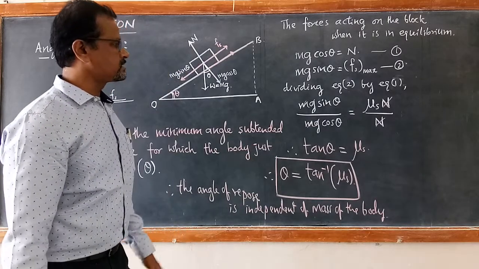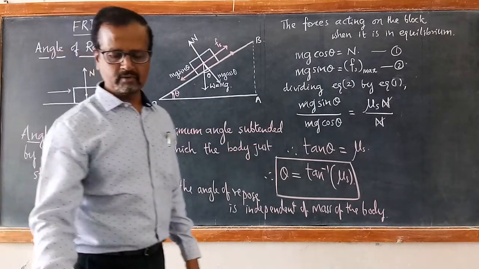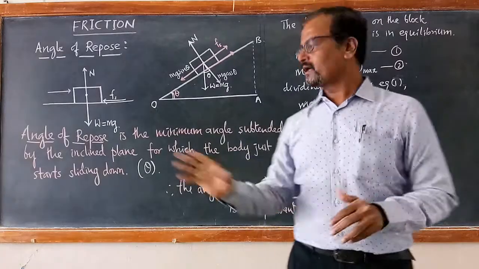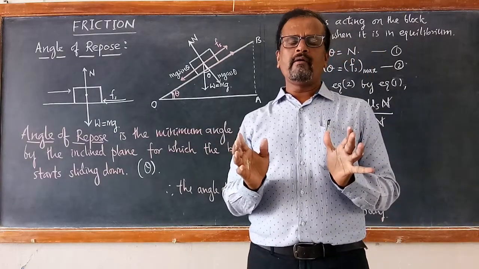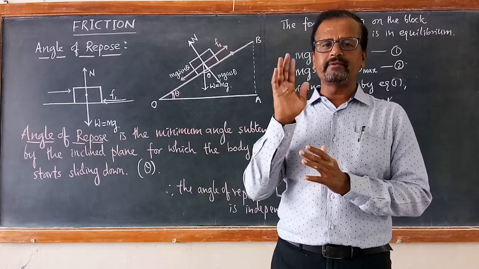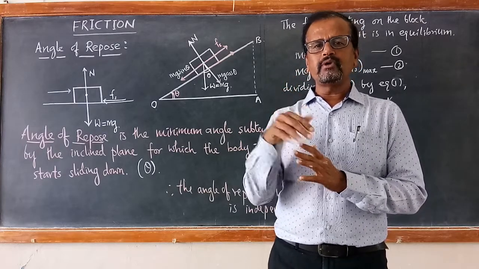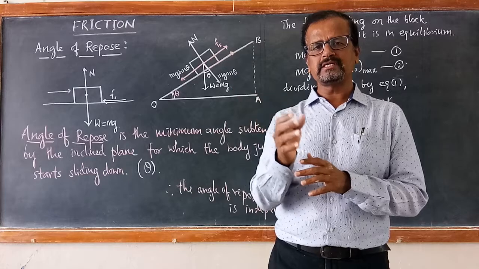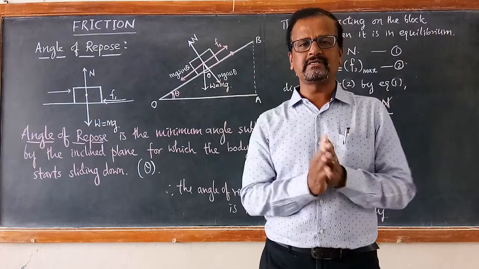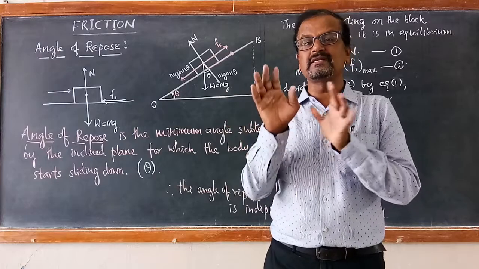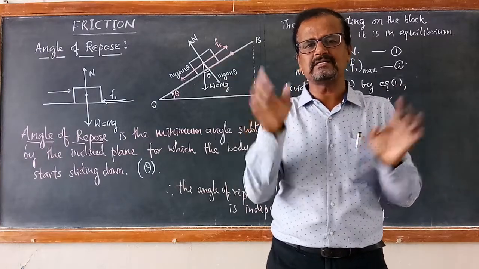So based on this, we can solve one problem. What is the meaning of angle of repose? It is that angle of inclination of the plane beyond which the body just starts sliding, below which the body is still at rest.